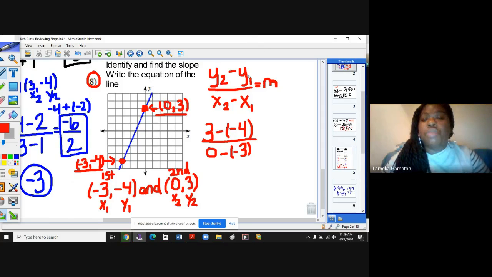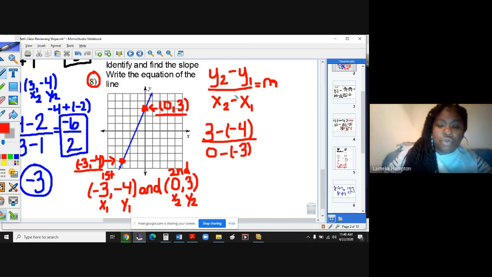It doesn't matter. Well, it will matter because you have to make sure that you put the right numbers in the spot. I'm gonna do it both ways so you can see that it really doesn't make a difference. I'm very glad you asked that question.